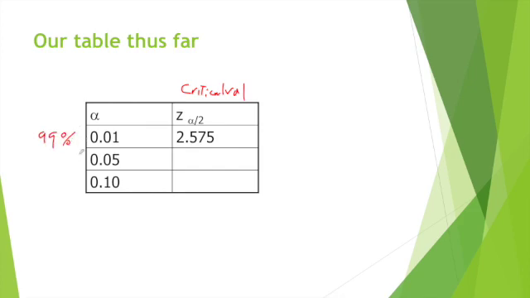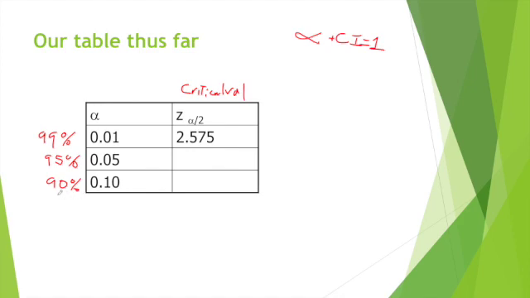If alpha is 0.05, what confidence interval do we think we are finding? Remembering that alpha plus our confidence interval have to equal 1. So 0.05 is going to give us our 95% confidence interval. And 0.10, that's going to give us our 90% confidence interval. Remember, we never want our confidence intervals to be less than 90%.